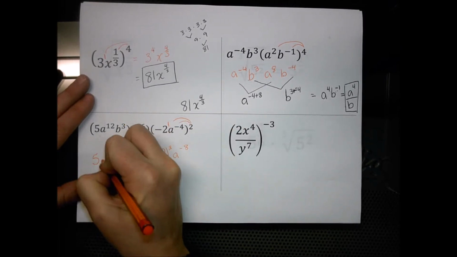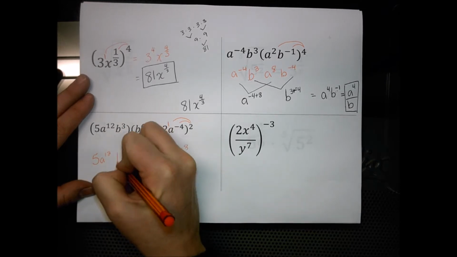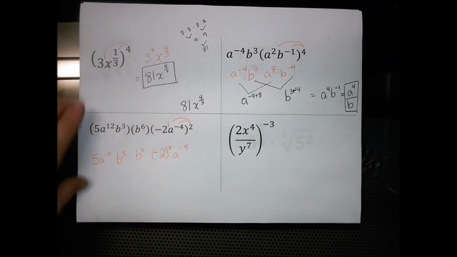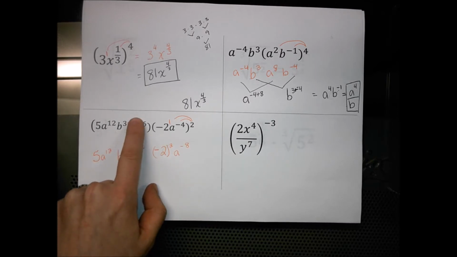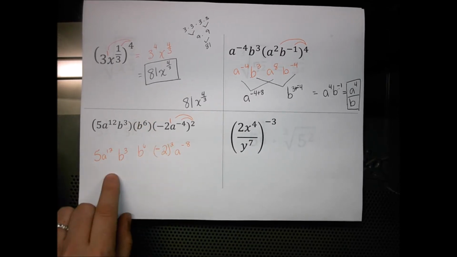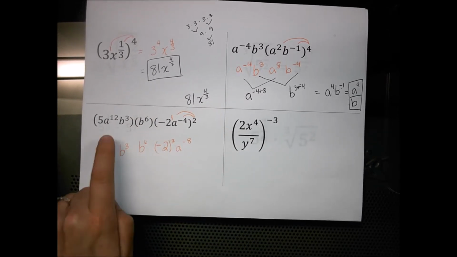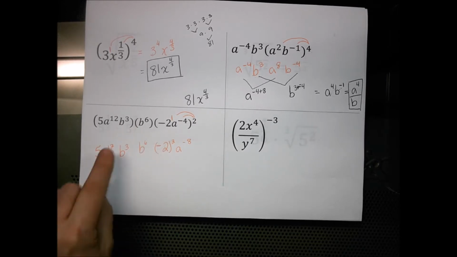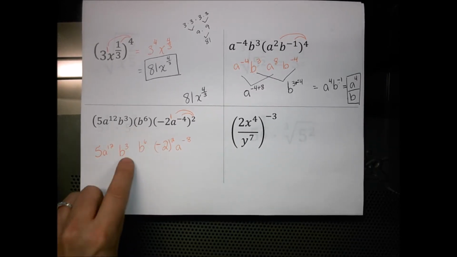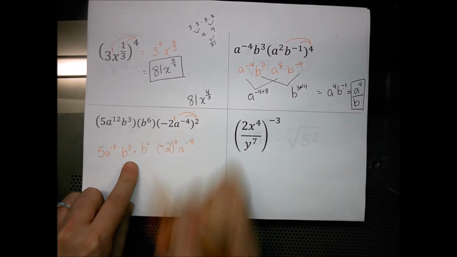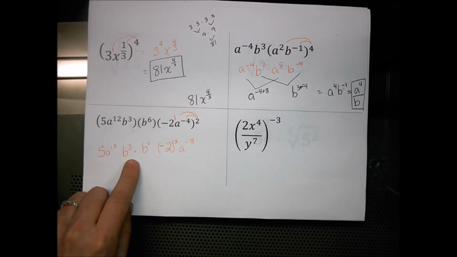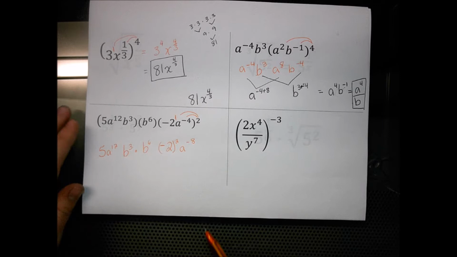And if there's no other exponent outside your parentheses, then we can get rid of our parentheses here, because isn't b to the third, b to the sixth the same as b to the third times b to the sixth? Yeah, so you're still multiplying.